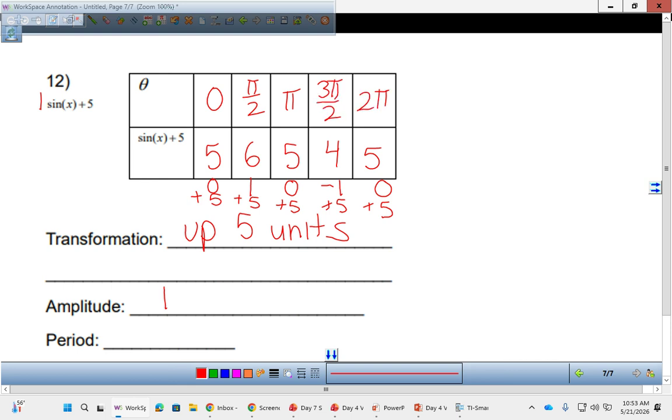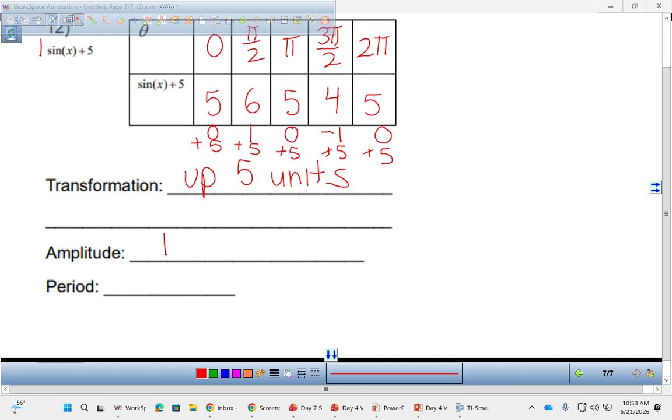Just the corner points of our unit circle, like the 0, 90, 180, 270, 360, but in radians. And my period is the speed that the graph takes to get from start to finish. So from 0 to 2 pi is 2 pi. Last x value minus first x value. So that's 2 pi. Right?